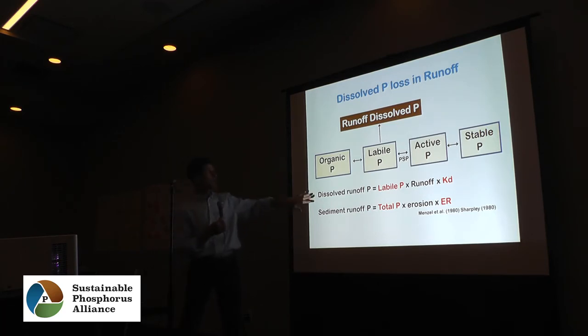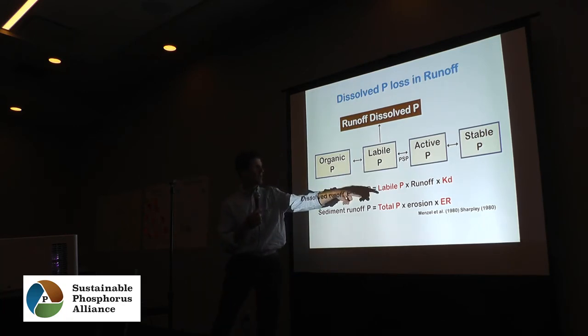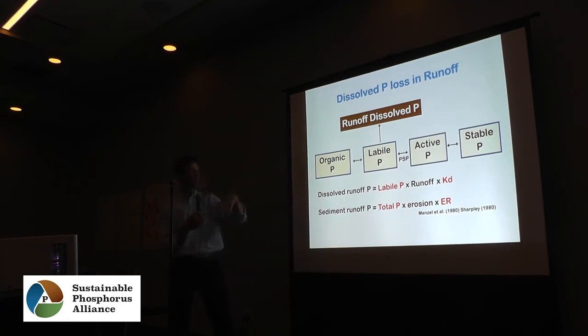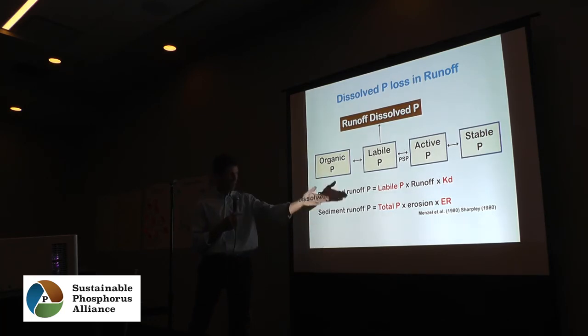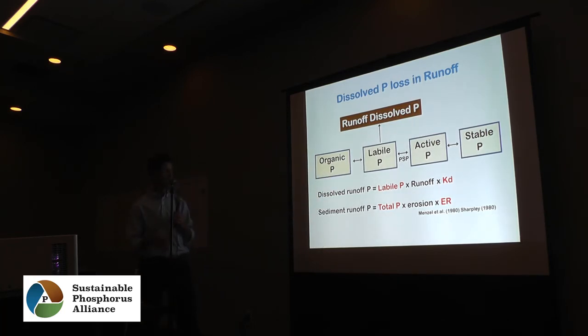So there again, we have our dissolved P. I'm going to look at surface runoff now. Dissolved P in surface runoff is just the labile phosphorus in the model times the amount of runoff times an extraction coefficient. And then our sediment-bound phosphorus loss is the sum of our pools times how much erosion there was times an enrichment ratio. So pretty simple relationships.